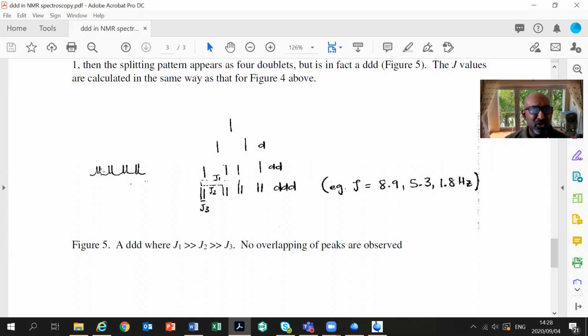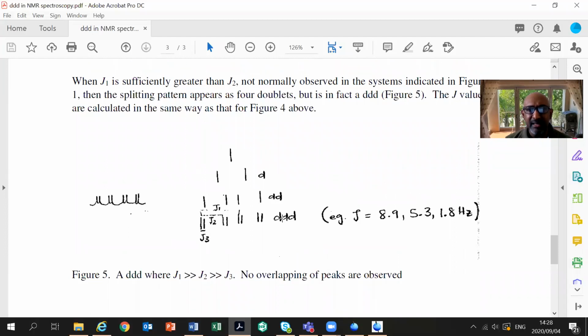And here I am sure to see my doublet of doublet of doublets very nicely like this. 4 peaks that you can see here showing like doublets, and they come about like this. So that's a DDD again, where each proton splits the proton that we're looking at with a different coupling constant. And I can very clearly see my doublet of doublets, and I need to calculate my coupling constants.